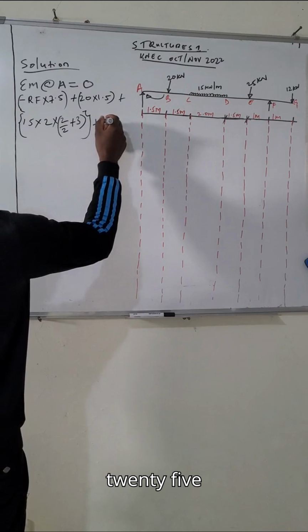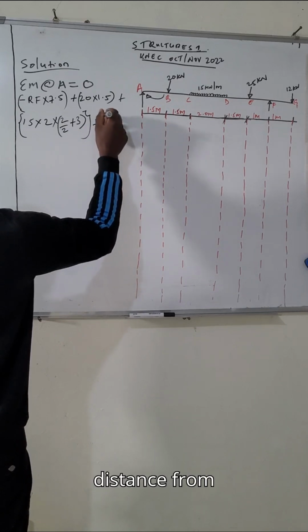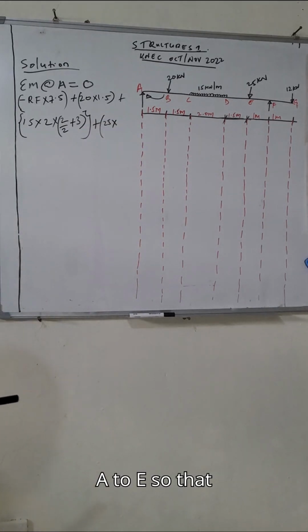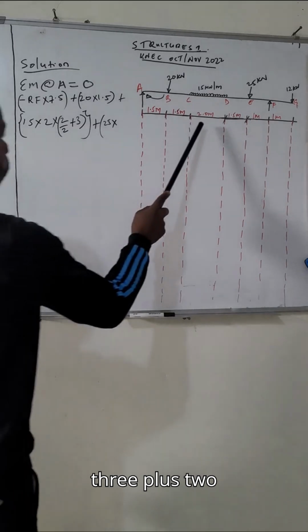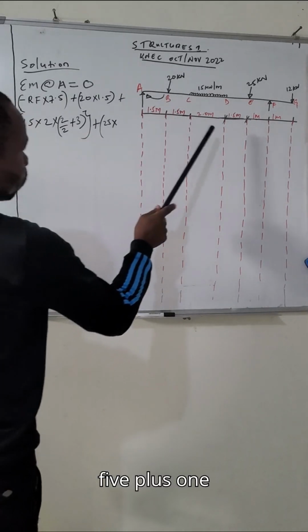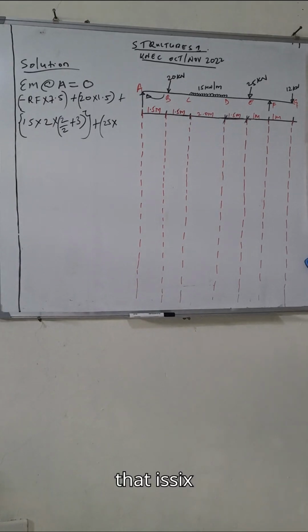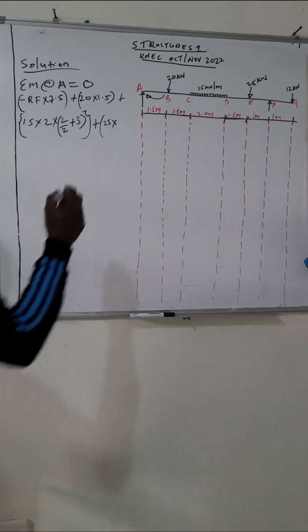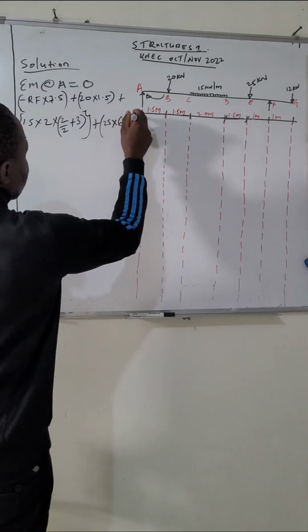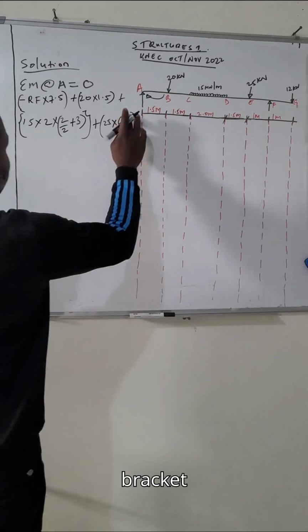So that is 25 times the distance from A to E. So that is 1.5 plus 1.5, that is 3, 3 plus 2, that is 5, 5 plus 1.5, that is 6.5. So 25 times 6.5. Close the bracket.